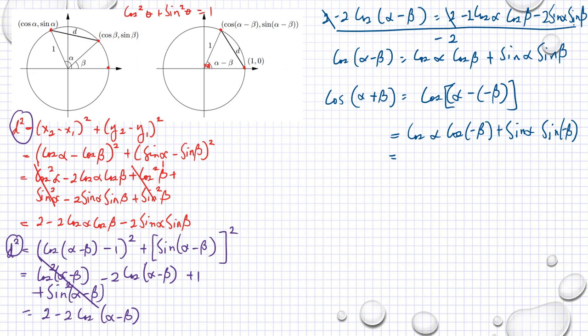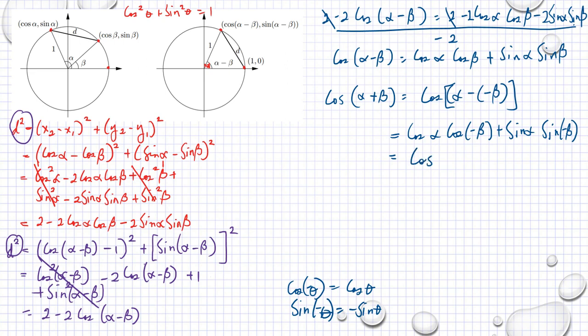Here we have the odd and even identities: cosine of negative theta is the same as cosine theta, but sine of negative theta is equal to negative sine theta. Then we will use that.